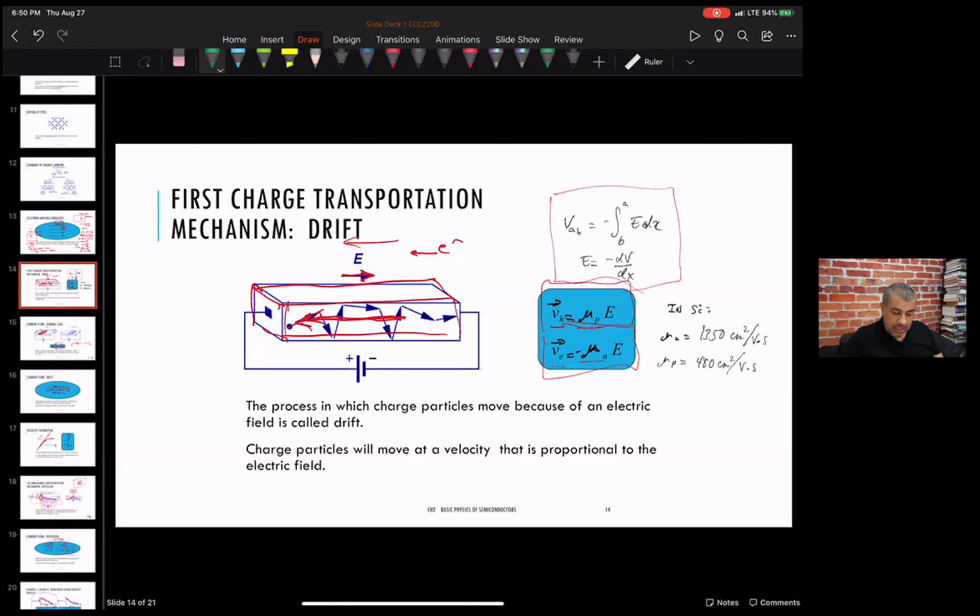Yeah, you know, this is kind of funny. Actually the electrons are going in this direction. Let's see, electrons are going that direction. So let's say the electric field is... shoot, you know what?